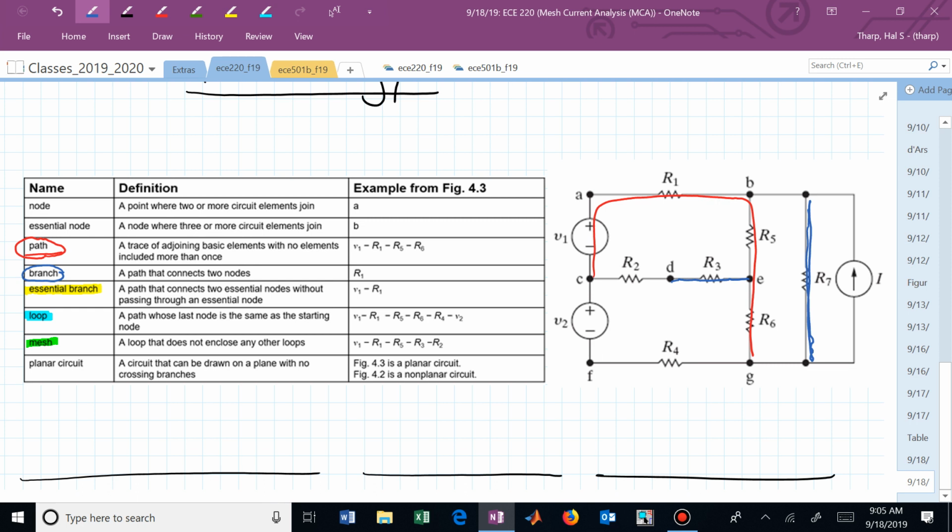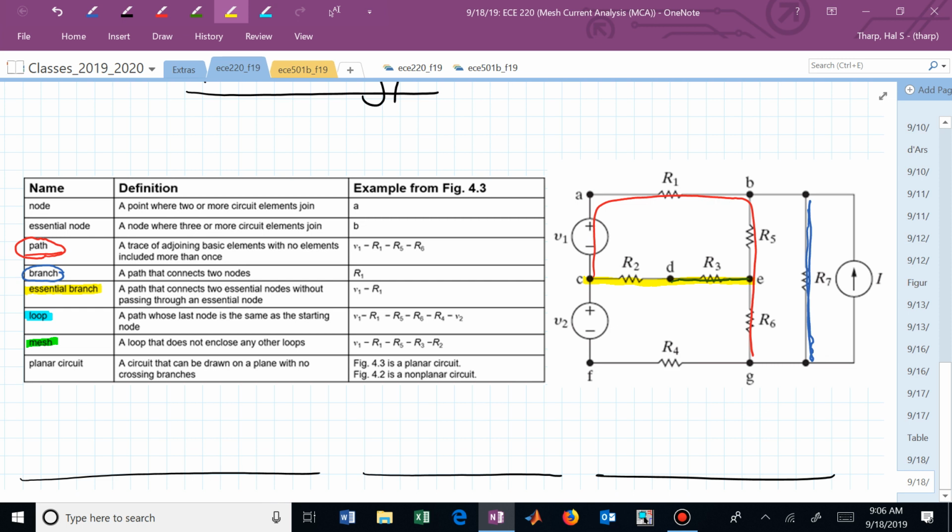Do you get the distinction between a branch and an essential branch? An essential branch could be connecting those two essential nodes, which are C and E. There are other essential branches in this circuit, but I'm just illustrating one.